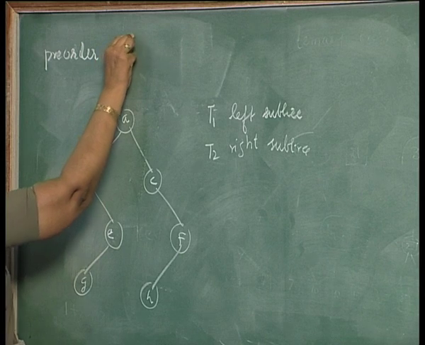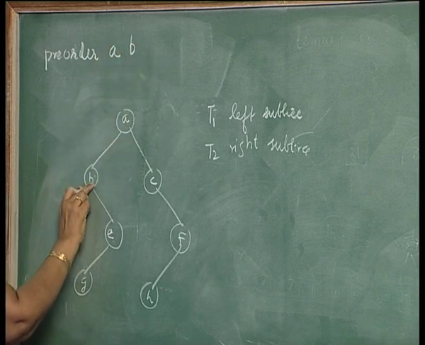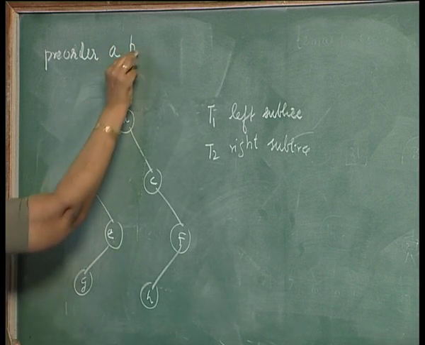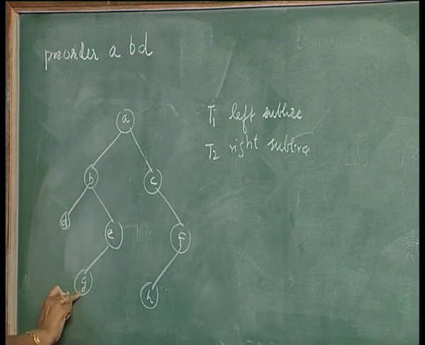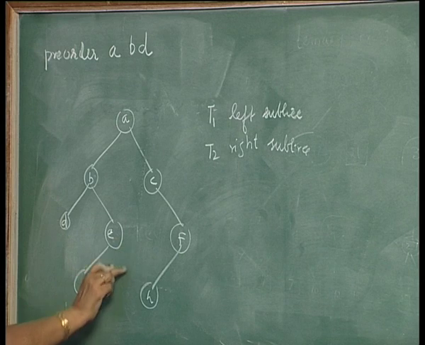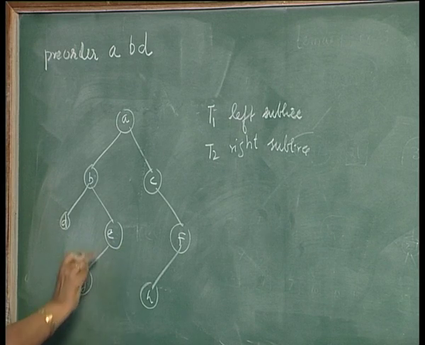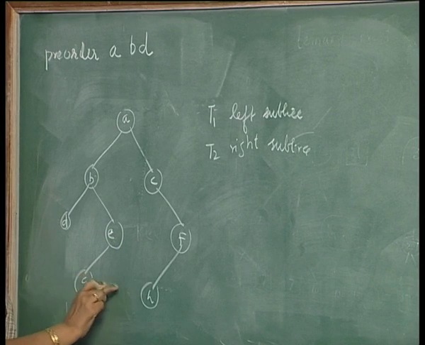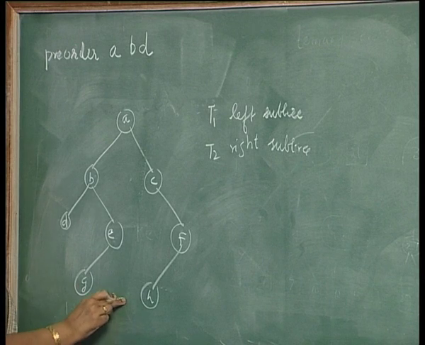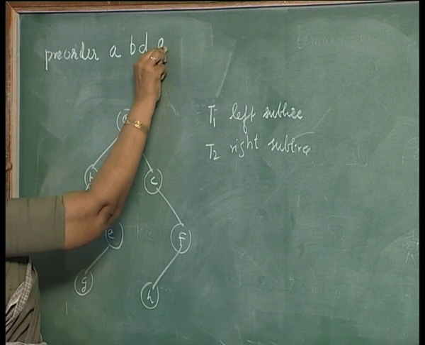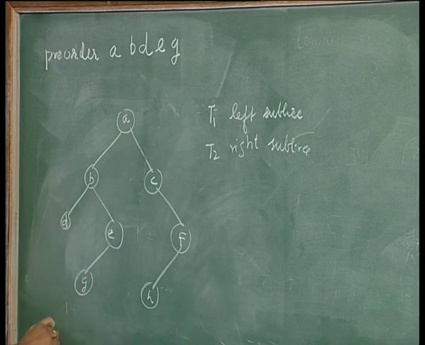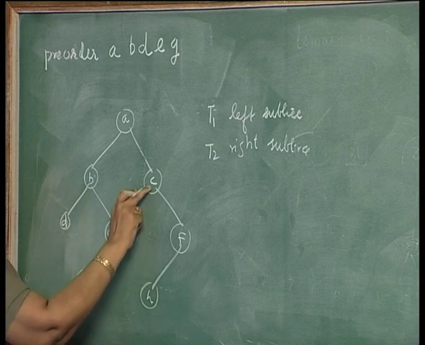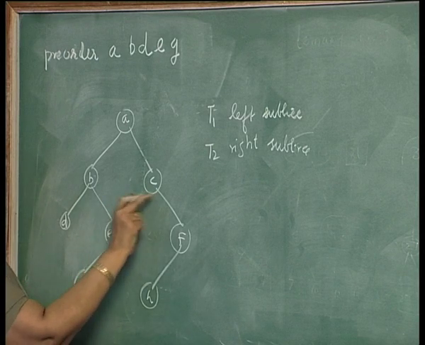So, B will be visited first, then the left subtree is just D, then the right subtree E and G have to be visited, and here again you have to follow the pre-order traversal method, the root first, left subtree and the right subtree. There is no right subtree here. So, E and G. Similarly, the right subtree also should be visited in the pre-order manner, the root, there is no left subtree, then the right subtree.